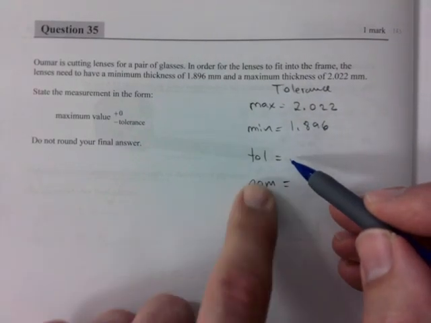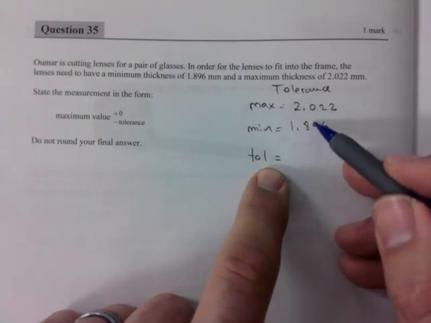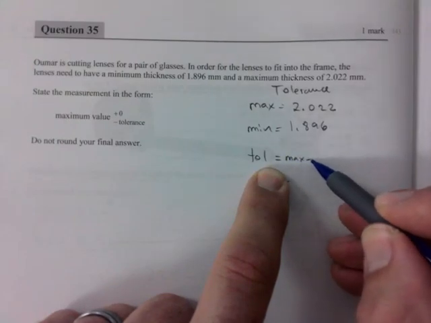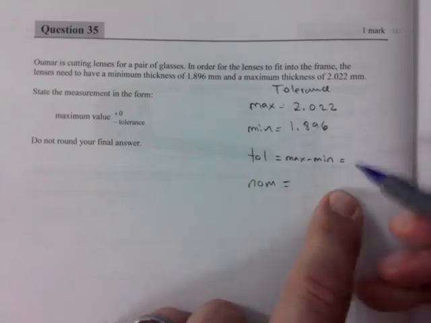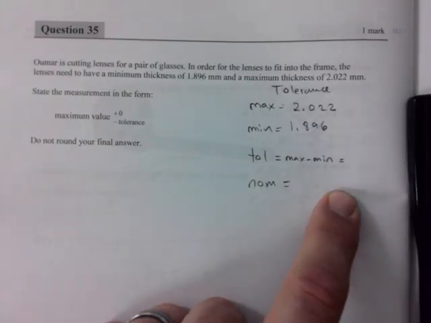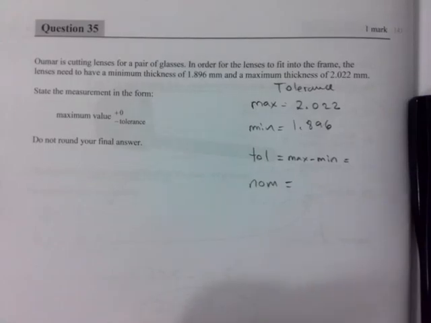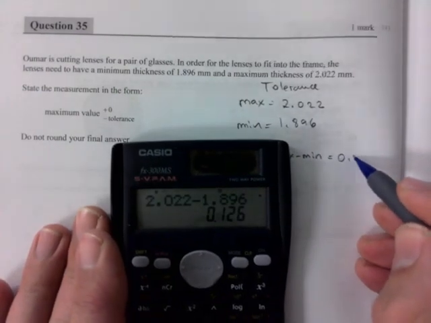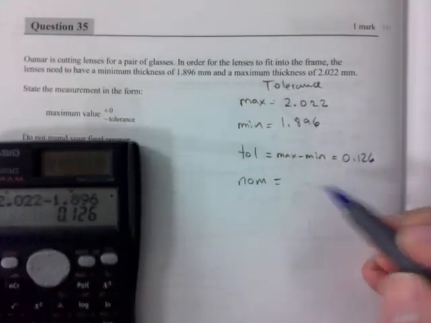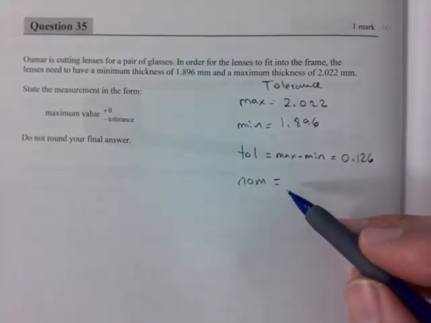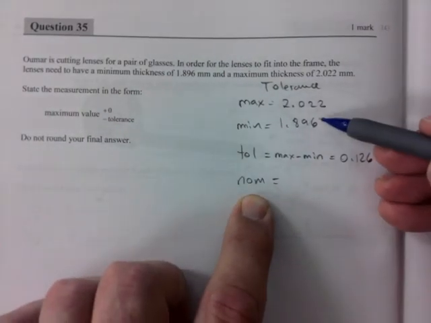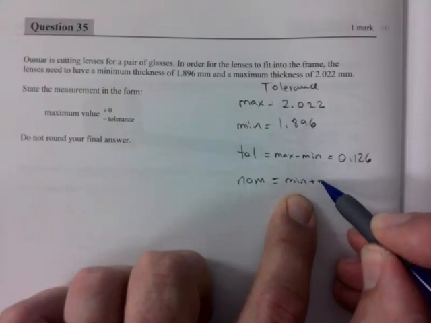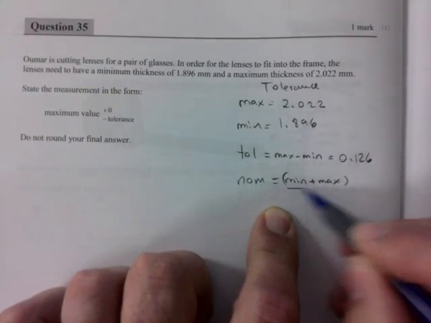What's the tolerance, folks? Subtract these two. Tolerance is max minus min. What is that? This is the tolerance, 0.126. And what's the nominal, folks, in this scenario? It's min plus max divided by 2.